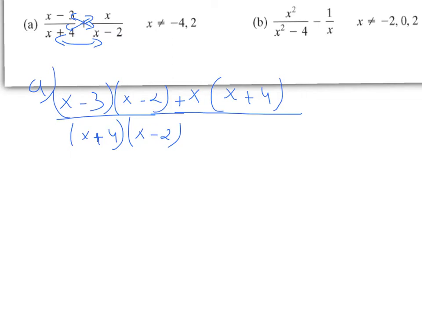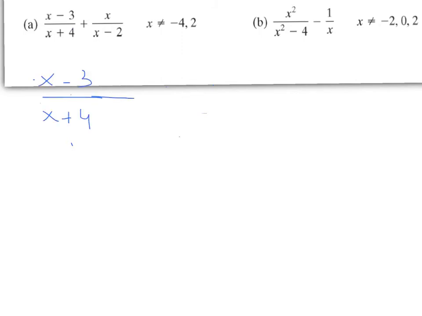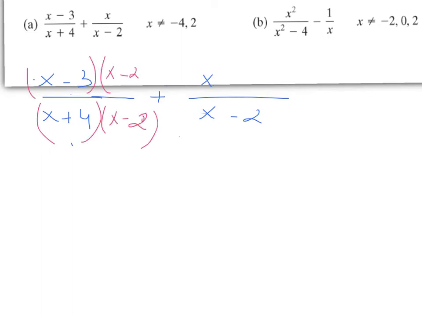Let me just do it in a different way. I'm trying to make it more clear here. So make sure everybody got the idea here. All right, so here we have x minus 3 over x plus 4 plus x over x minus 2. Now here we need to multiply by x minus 2, and we need to multiply also here by x minus 2.